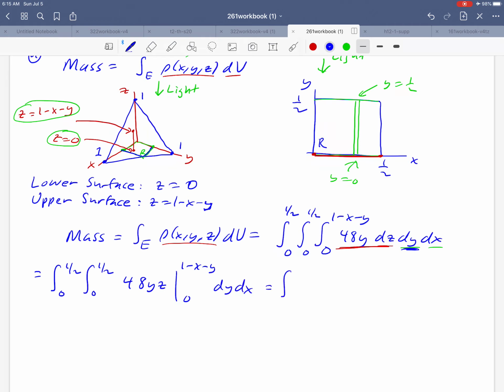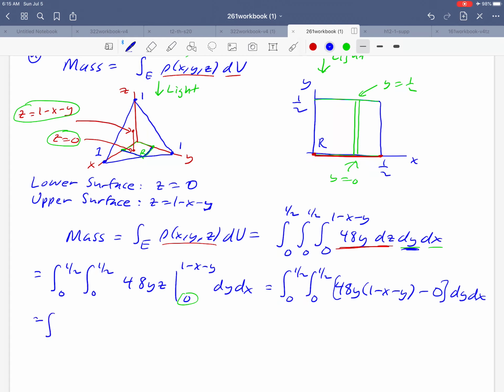Okay, so fill in our limits. The upper limit is 1 minus x minus y, so that's going to replace the z. And notice that the lower z limit is 0. When we plug that in, we're just going to get 0. So I'll put a minus 0 there, and we've still got the dy and the dx to go.